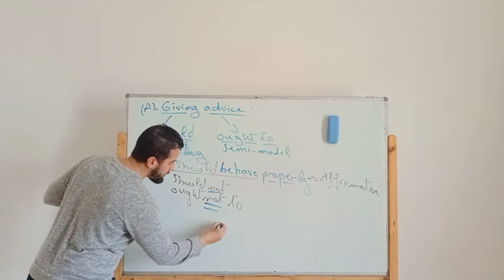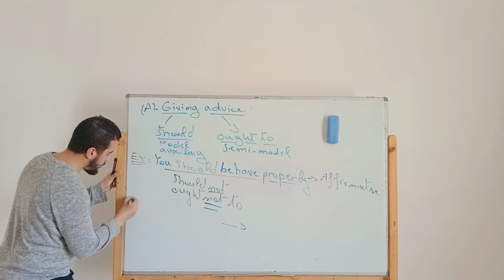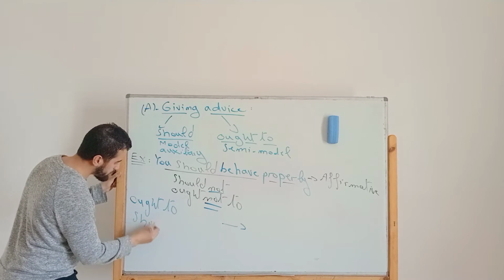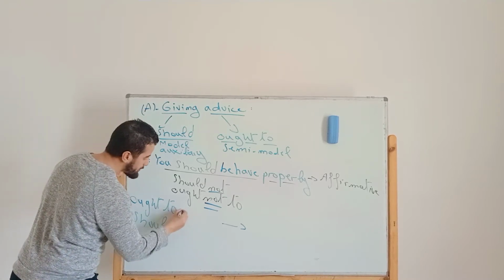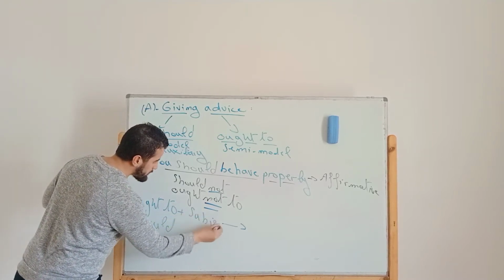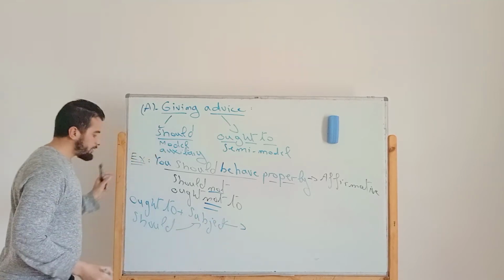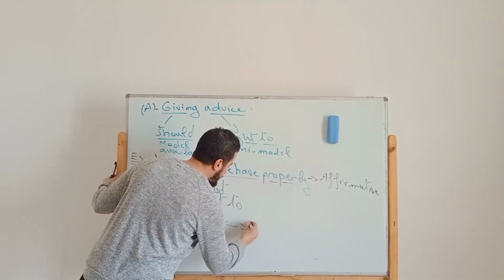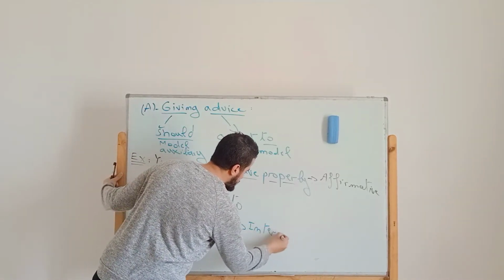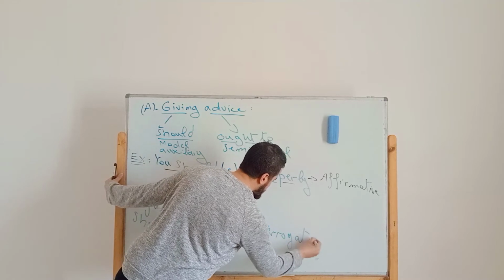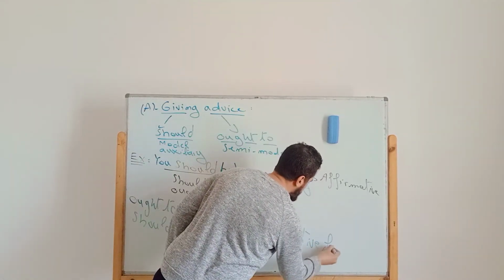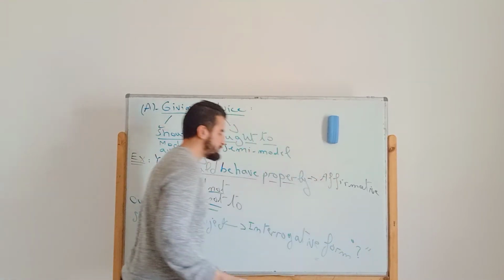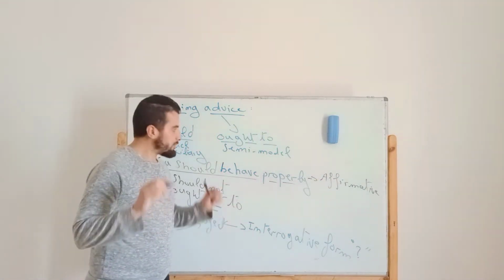So in an interrogative form, we start with ought to or should plus subject. Okay? Should I, understood? This is the interrogative form. Interrogative form is a question mark sentence. When you ask a question, very easy.